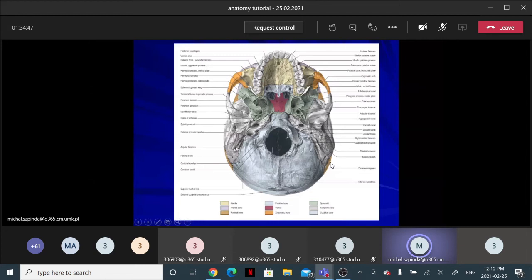And the norma basalis refers to the external cranial base. It is the most difficult surface of the skull because it's very rough. It contains numerous foramina for neurovascular structures. And the biggest foramen in the whole skull is the foramen magnum.